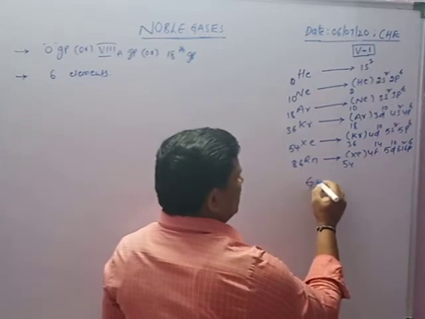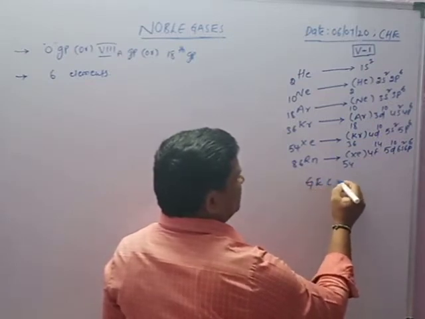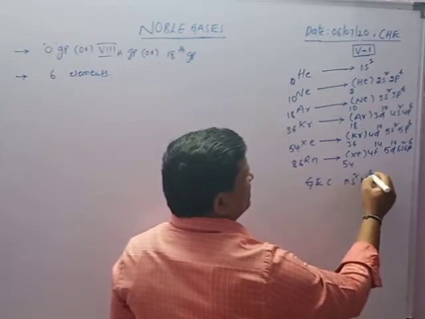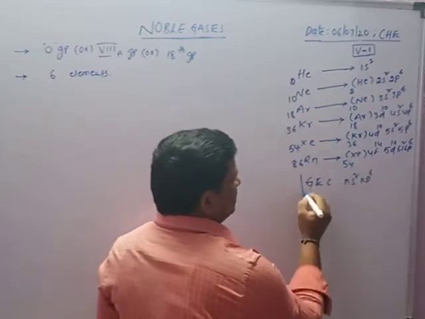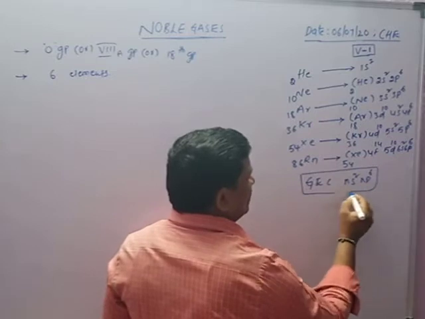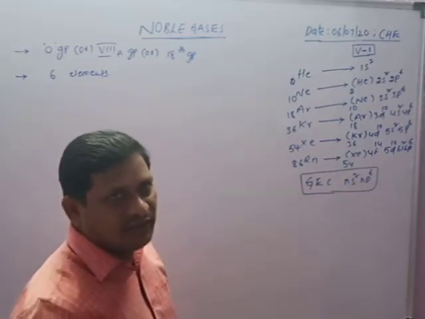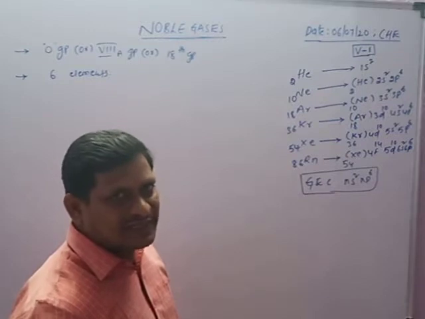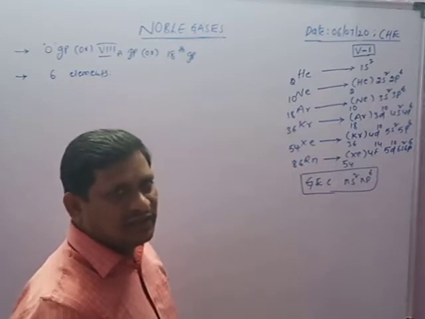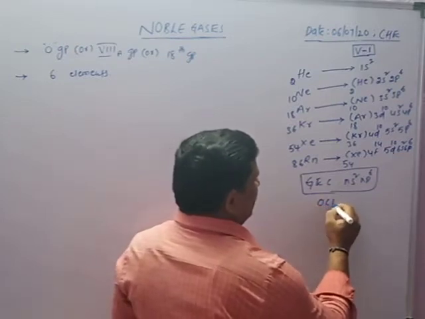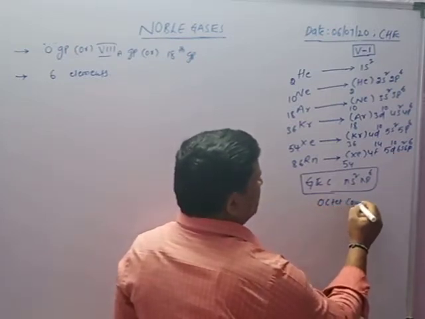So the general electronic configuration is ns2 np6, with 2 electrons in the s subshell and 6 in the p subshell. So 8 electrons are present in the valence shell. This is the octet configuration.